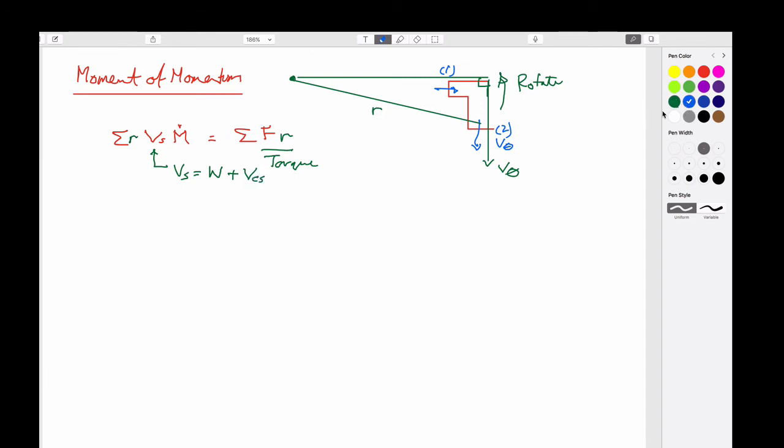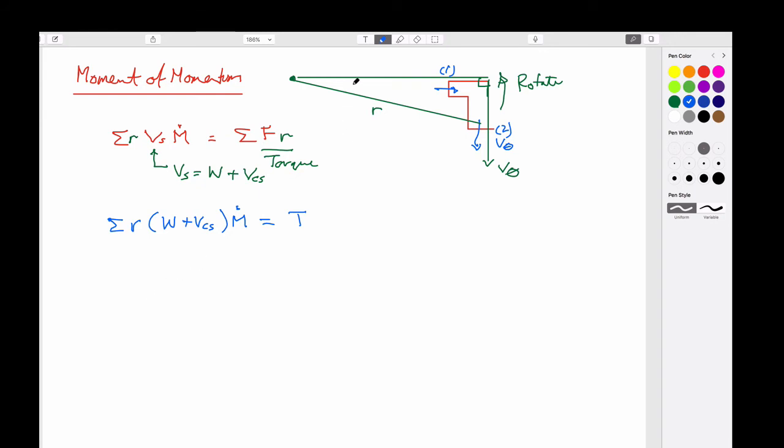And if we do that, then we can write this out as a final expression, radius times W plus velocity of the control surface, mass rate of flow is equal to the torque.